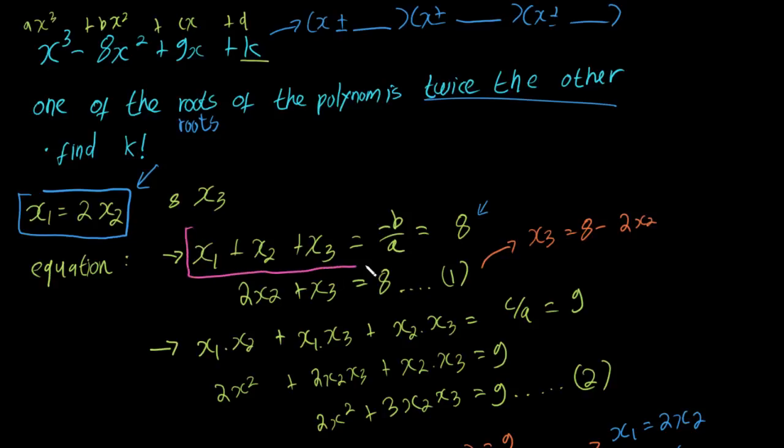Okay, so the root number 1 plus root number 2 plus root number 3 is minus b per a, and minus b is this. This is the b and this is the a, so minus b should be 8, right? Divided by 1, because a is 1, and then you got 8, and then you change this x1 to x2.